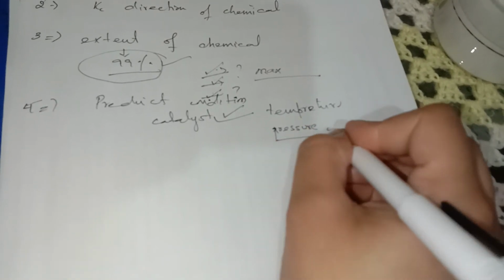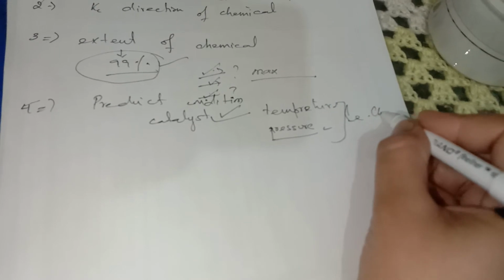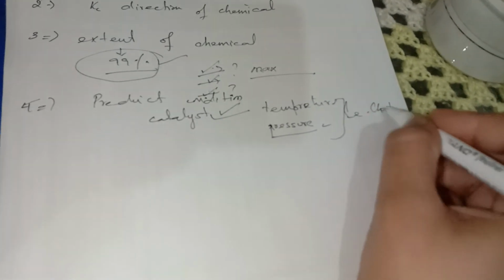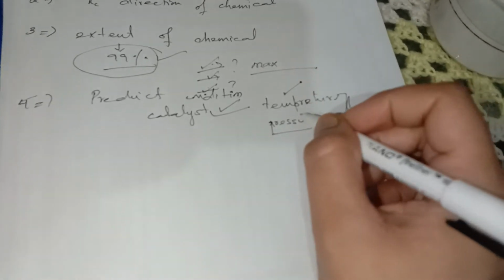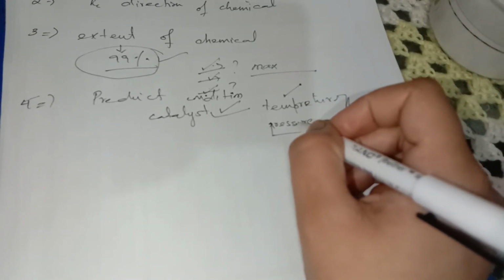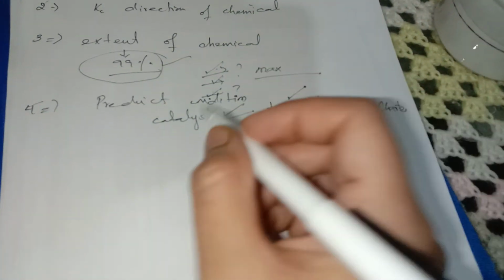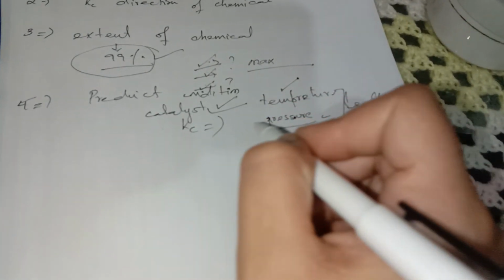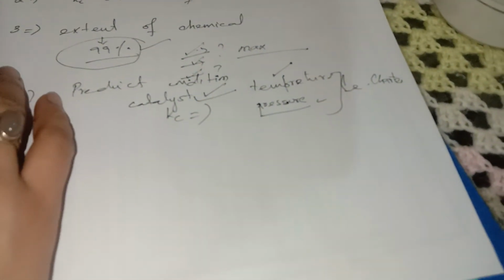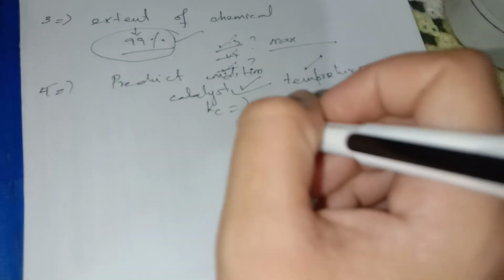There are some other things which we will, inshallah, study in Le Chatelier's principle: what is the effect of an increased or reduced temperature, and what is the effect of an increased or reduced pressure on a certain chemical reaction. So Kc would tell you what will happen if temperature is increased, and what will happen if pressure is increased. These are the four important points regarding the Kc expression.